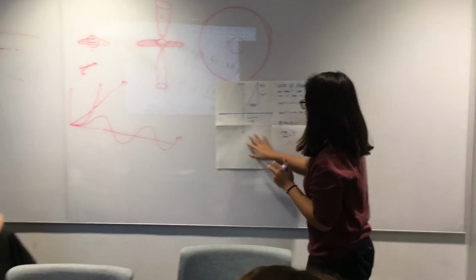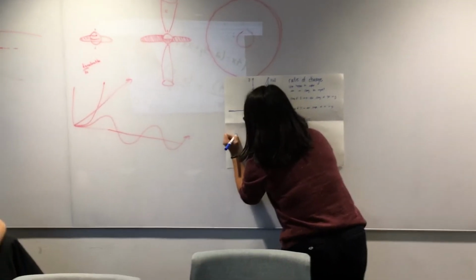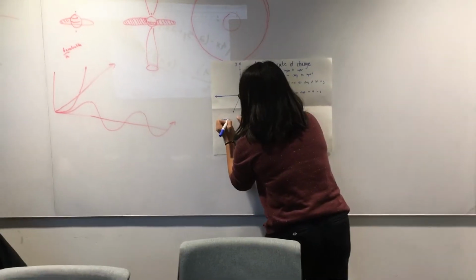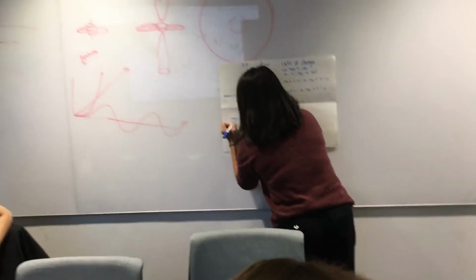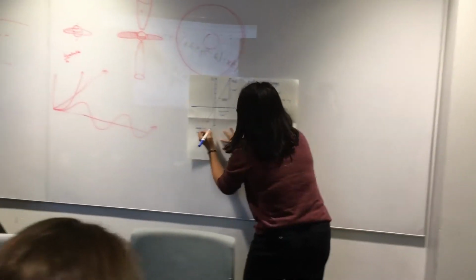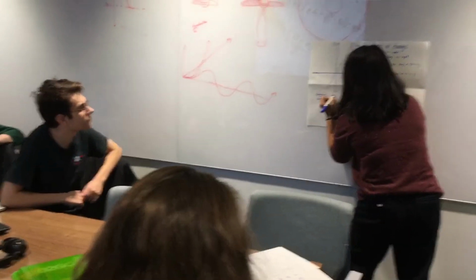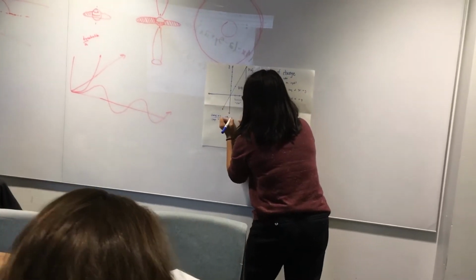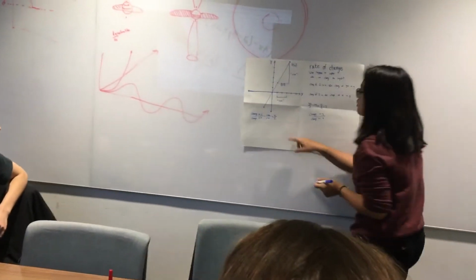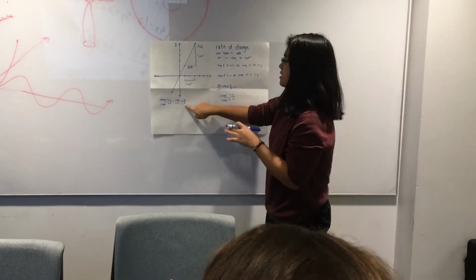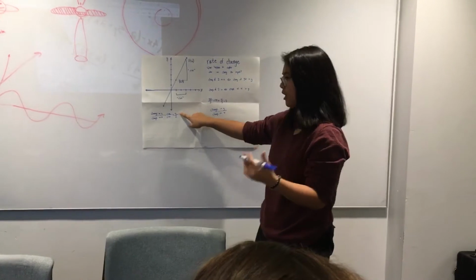So with this example, when we're calculating the slope or the rate of change, we can write the change in y over the change in x, or you can say rise over run. And in this case, it's going to be 4 over 2. So that means that a change of 2 in x is going to cause a change of 4 in y.